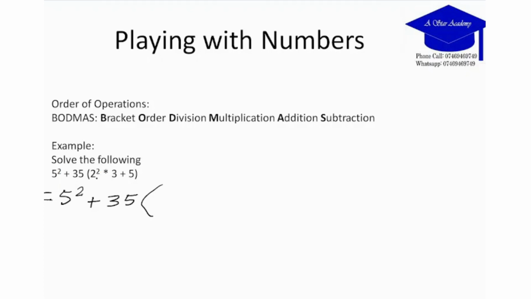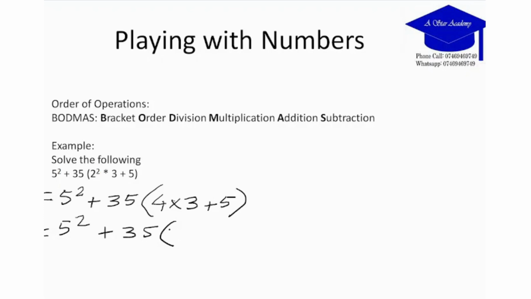So let's solve the order first, which is 2 square, which is 4, multiplied by 3 plus 5.